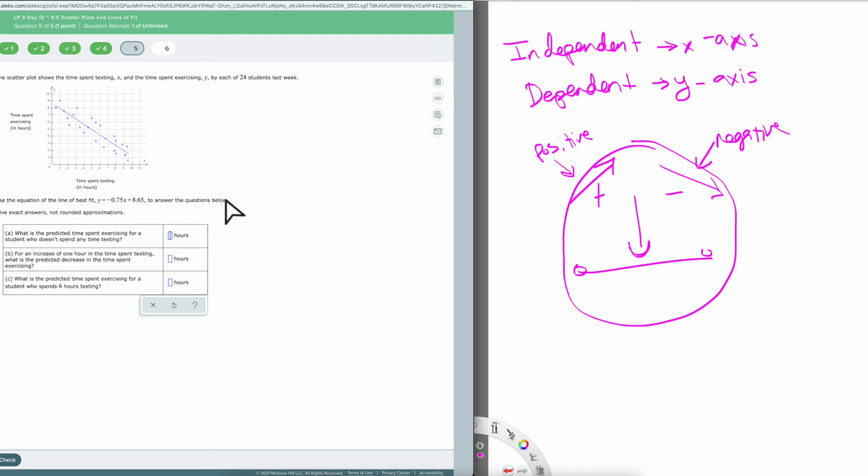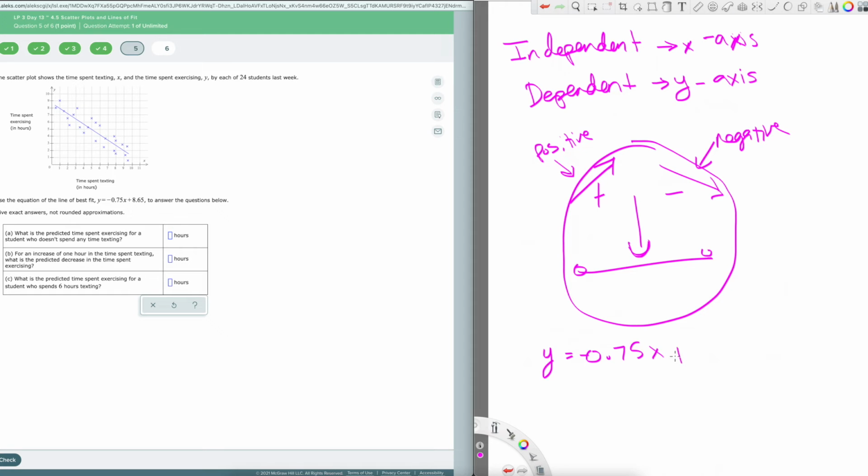So it says, what is the predicted time spent exercising for a student who doesn't spend any time texting? So if they don't spend any time texting, let's go over here to our equation. Negative 0.75x plus 8.65y. Well, if they don't spend any time texting, this would be 0, right?